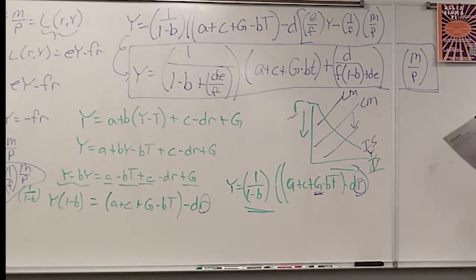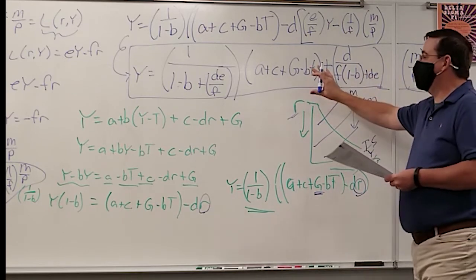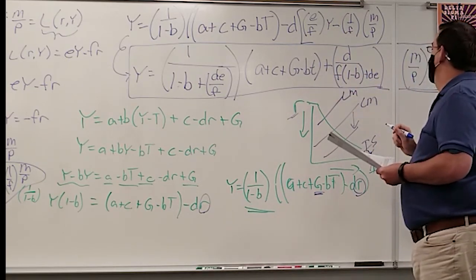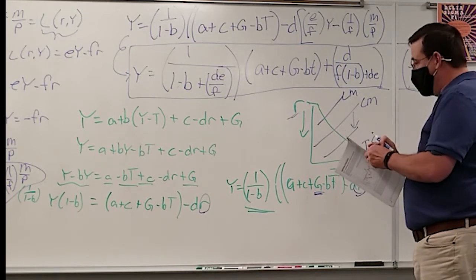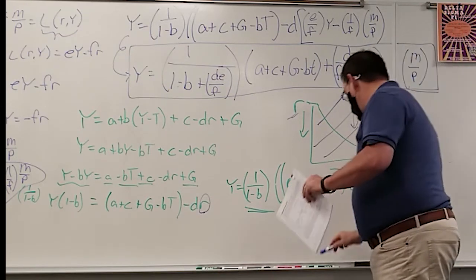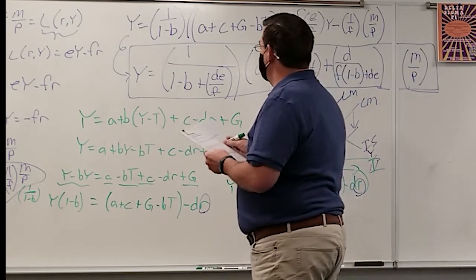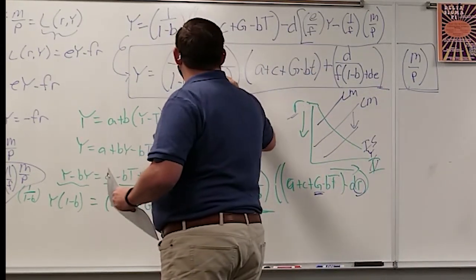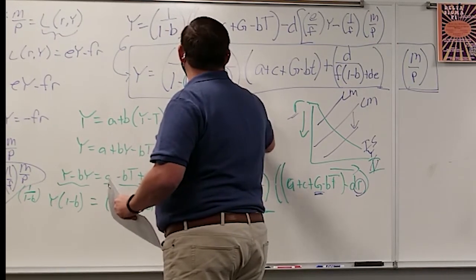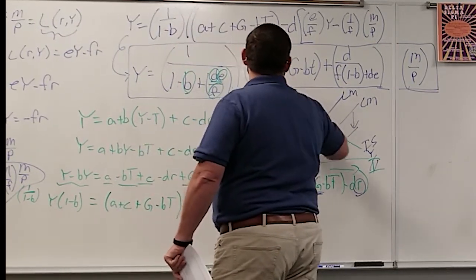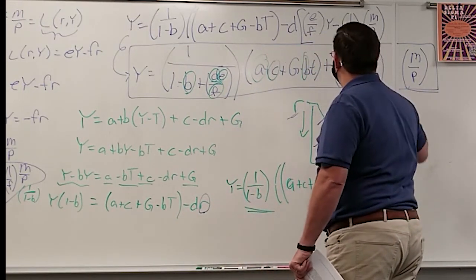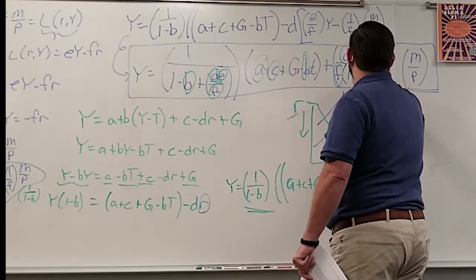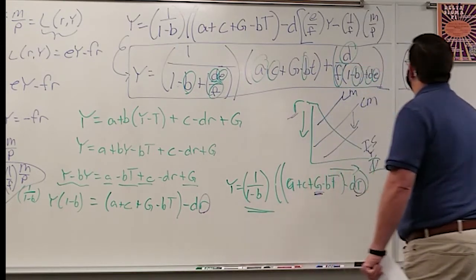Is this even useful? This is an expression of our aggregate demand curve. Why is that true? Because we have in here a whole bunch of little letters that really are just holding the place of things. Each of these terms is holding the place of something. This is holding a place, this is holding a place, and this and this and this.